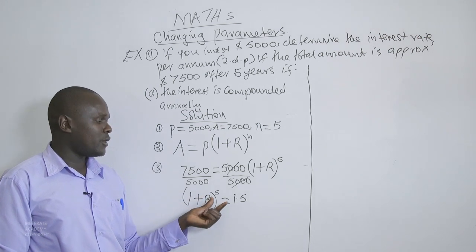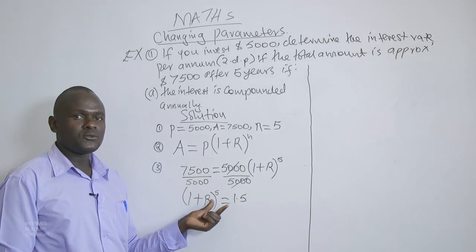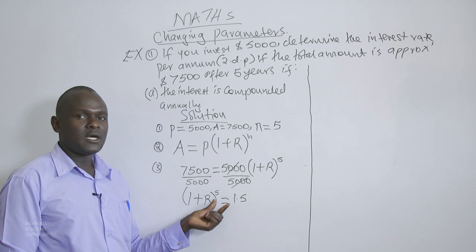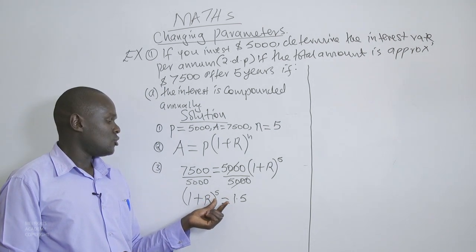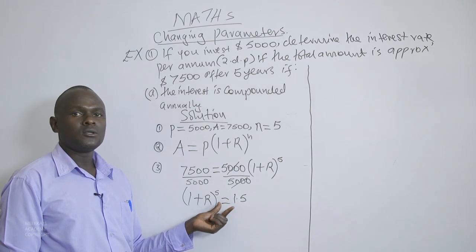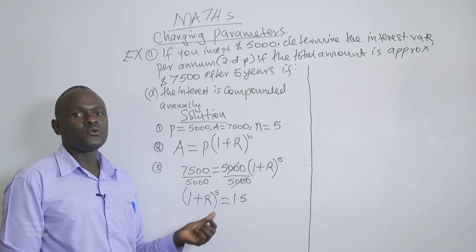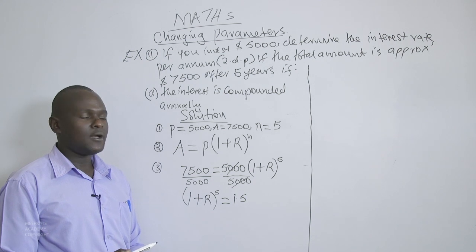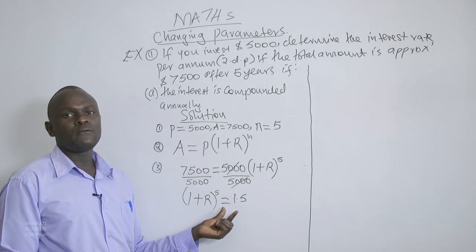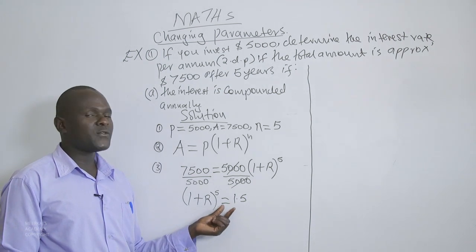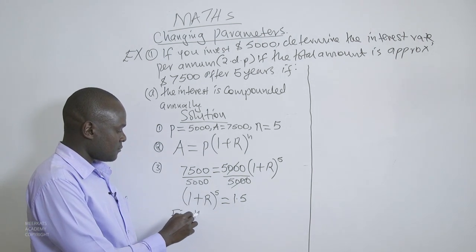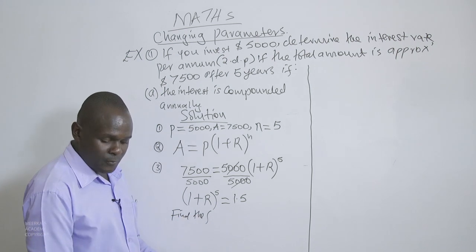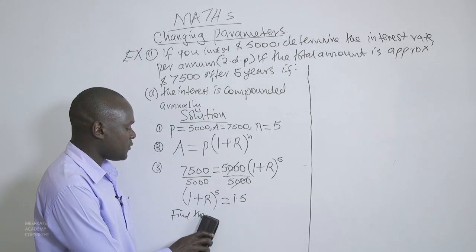We have a power here that we are supposed to bring down. We can decide to introduce log on both sides of the equation, or we use a calculator and introduce the fifth root. We find the fifth root on both sides.